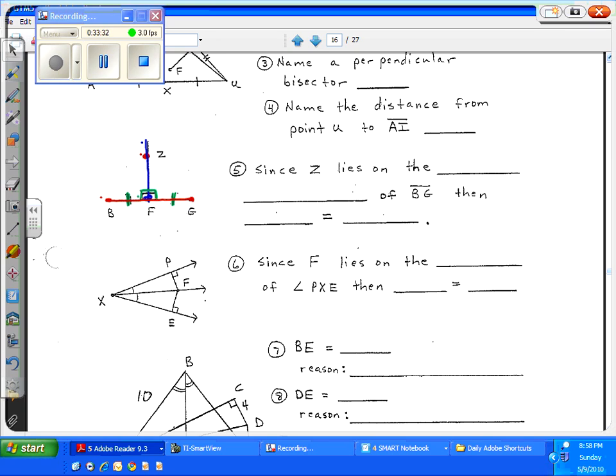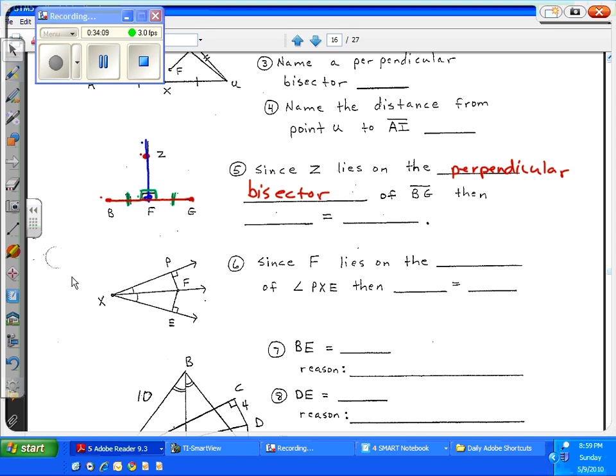So Z lies on the perpendicular bisector of segment BG. Therefore, we can conclude what? Well, you've got to go back to the theorem. A point that lies on the perpendicular bisector of a segment is equidistant from, and then you'll be able to answer that, right?